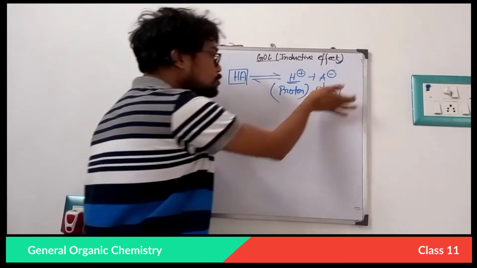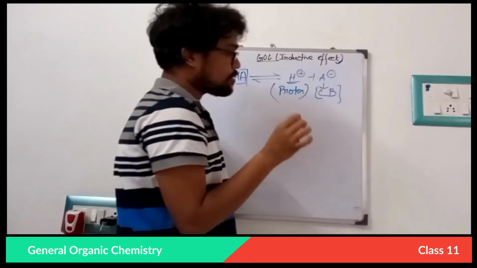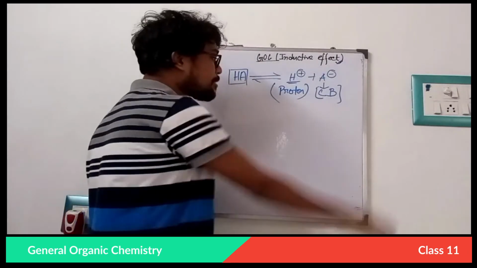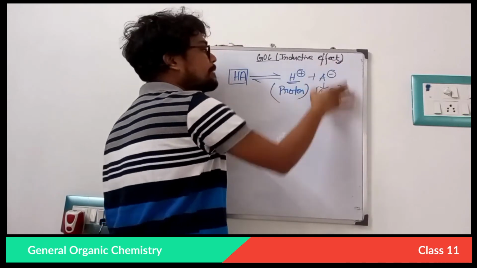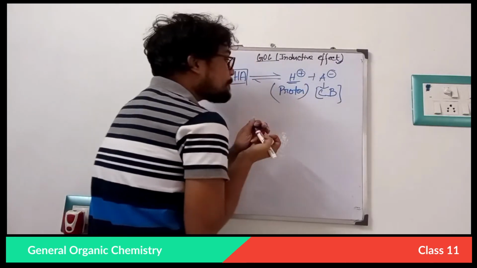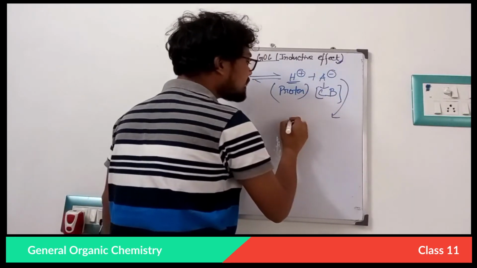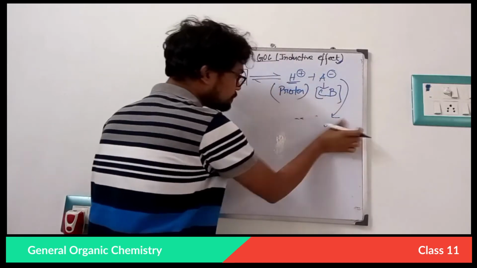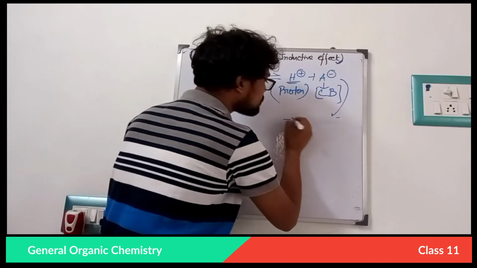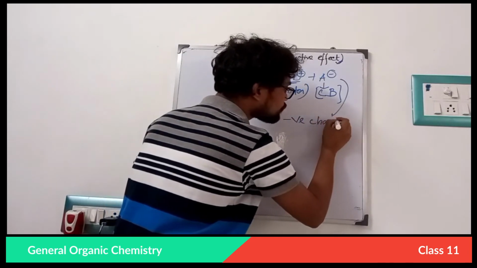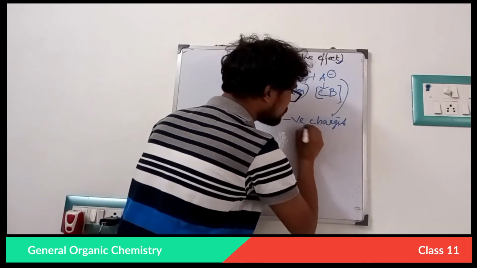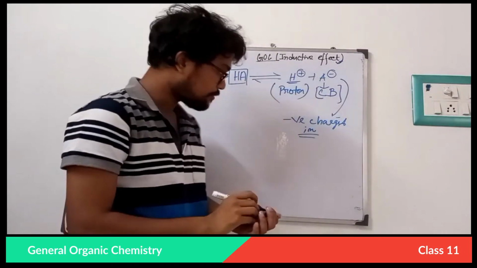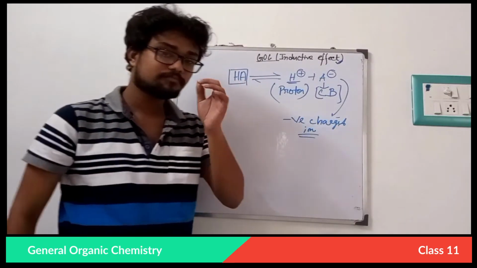This is very fine. So now in case of acidity, order of acidity, we just think about the stability of the A minus ion. Now this A minus ion is a negatively charged ion. Listen very carefully, this is a very important point.